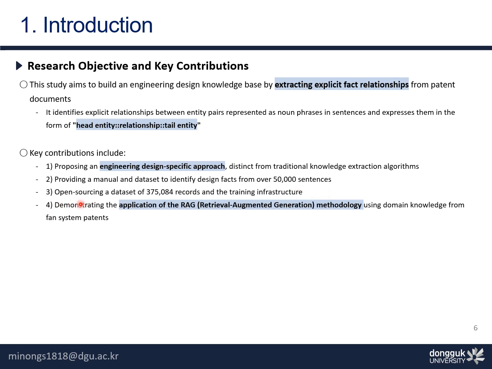Additionally, the study contributed by releasing a total of 375 84 datasets and training infrastructure as open source. Finally, as a real-world application, the paper demonstrates the RAG methodology based on domain knowledge from Venn system patents.